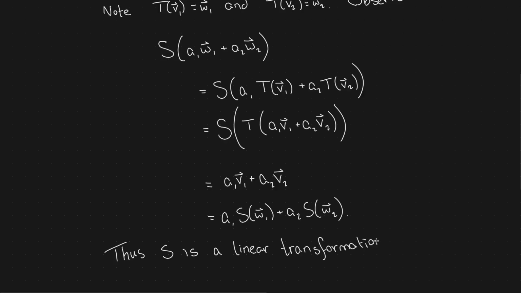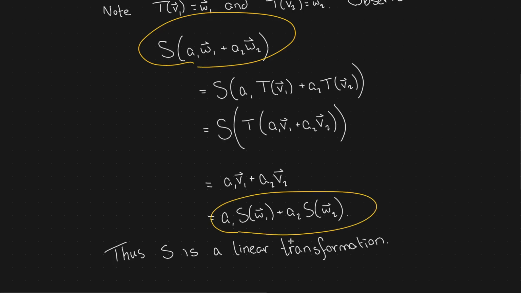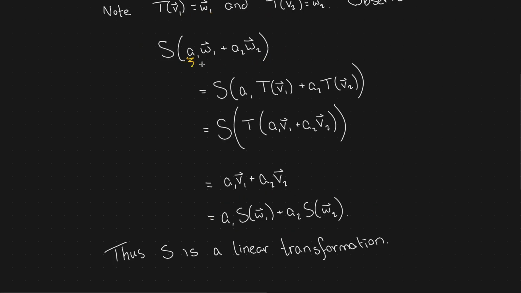But why? Because it preserves the linear combination. Okay, I was able to pull out the scalar multiples. I was able to take the addition and move it outside the transformation S. All right, here the plus is on the inside, here it's on the outside, and I'm applying the transformation only to vector W1 and W2.